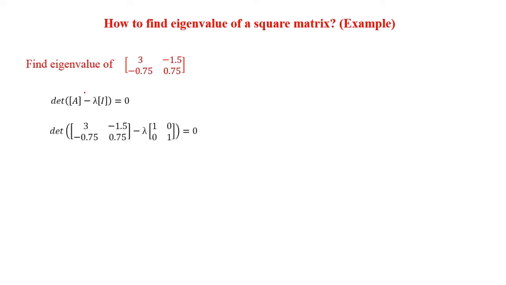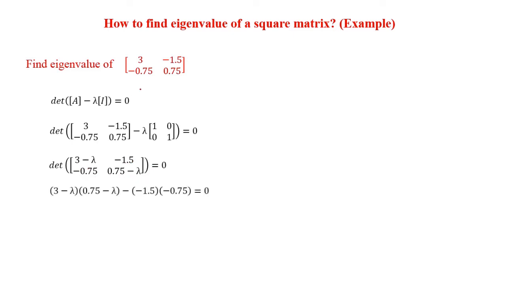So we'll put the value of the A matrix, which is 3, minus 1.5, minus 0.75 and 0.75, minus lambda times the unit matrix, that is 1 0 0 1, is equal to 0. These two matrices can be clubbed together as 3 minus lambda, minus 1.5, minus 0.75, 0.75 minus lambda, is equal to 0.